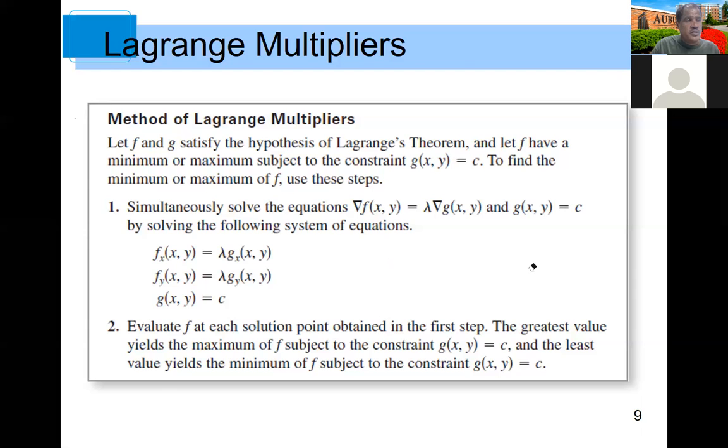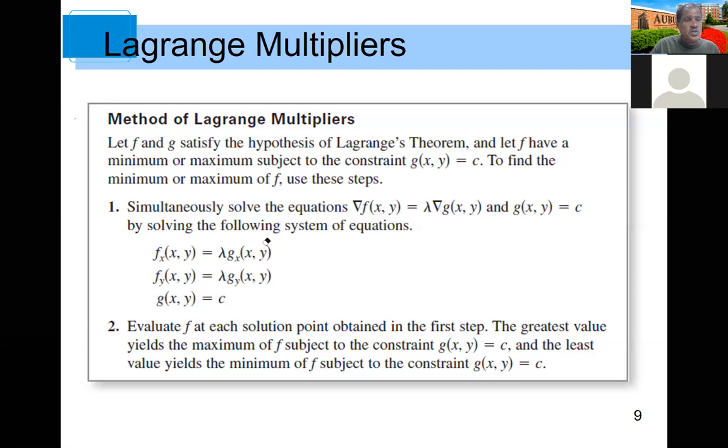So two steps. First, solve these three equations. Solve for x and y. And first, of course, you have to solve for lambda as well, but you don't use lambda. You are looking for the x and y that satisfy these three equations, okay?